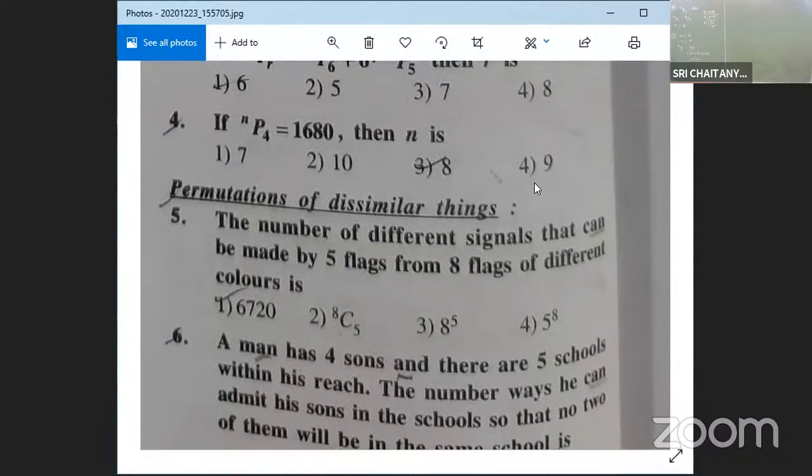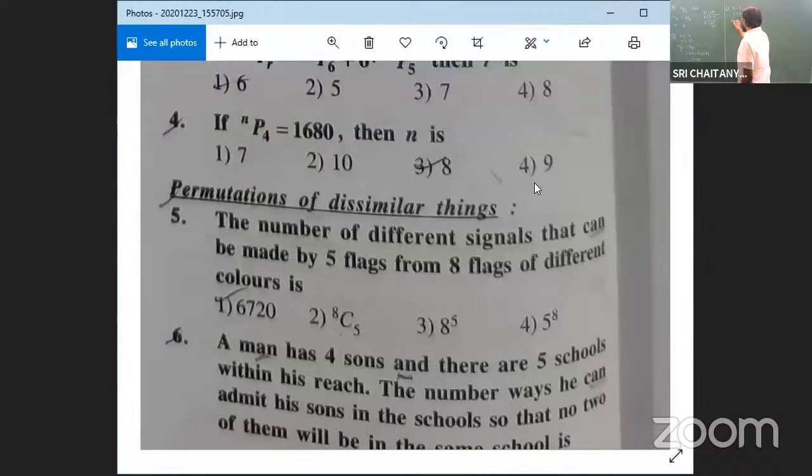A man has 4 sons and there are 5 schools within his reach. Find the number of ways he can take the admission such that no two sons will be in one school. That means n value is equal to 5, r value is equal to 4.